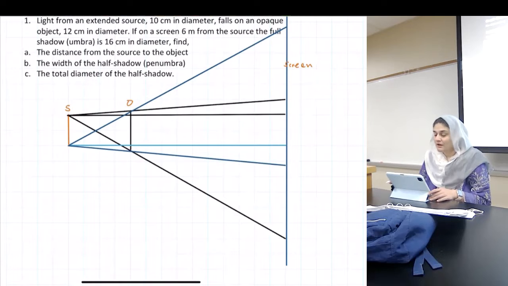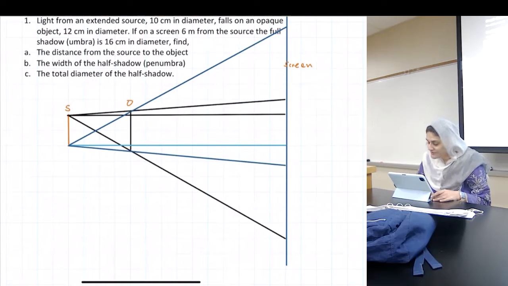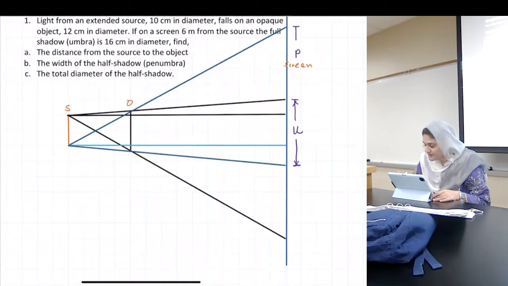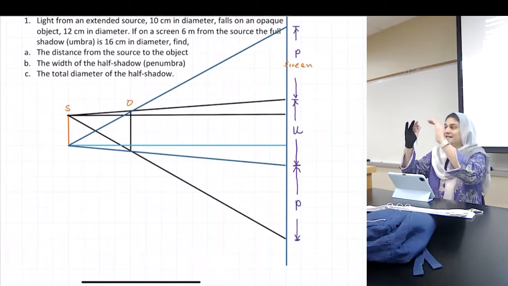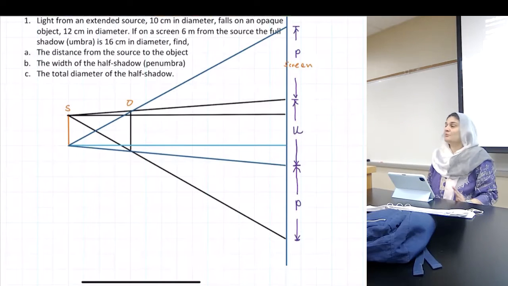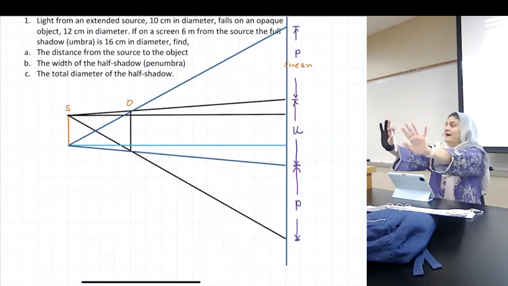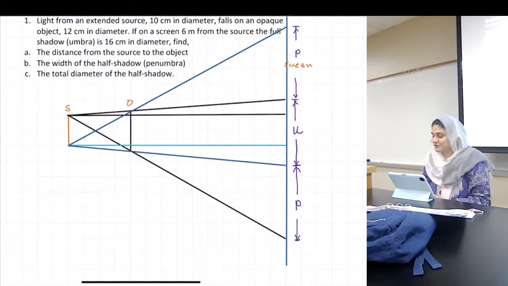So our umbra is going to be this distance. This is going to be my U, the darkest shadow. And my penumbra is going to be this and that, on both sides. Remember, it's an extended source, so it'll be like a circle, but I'm just looking at it as a 2-dimensional picture.